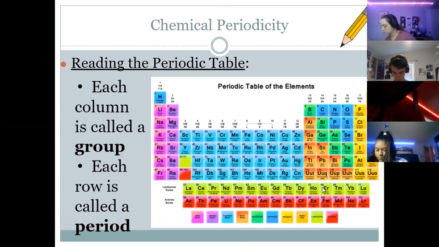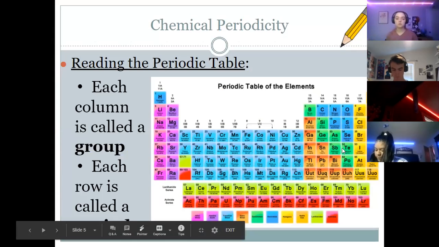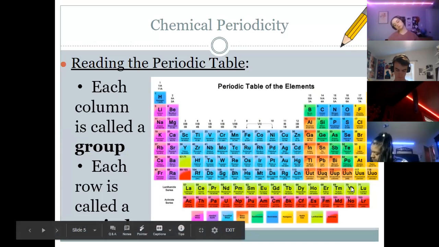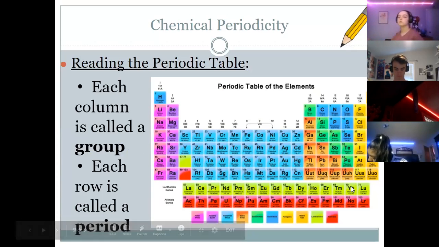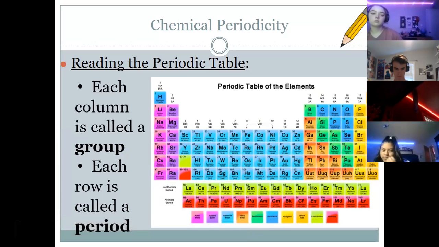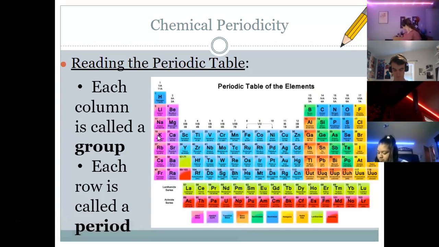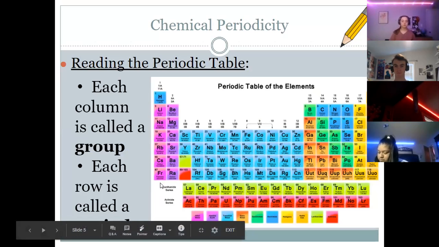And the reason why the groups are called families is because elements that are in the same column have a lot of the same properties. So lithium, sodium, potassium, rubidium, cesium, and francium, they all have very similar characteristics.